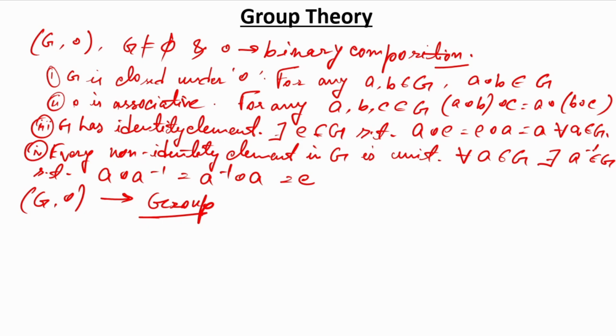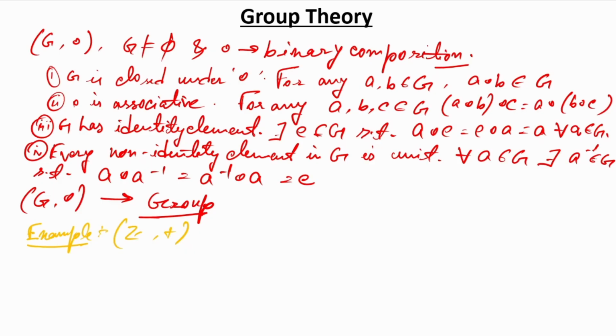Let's see some example. First example is Z plus, where Z is the set of all integers, and here the composition operation is the usual addition. You can verify the four properties.